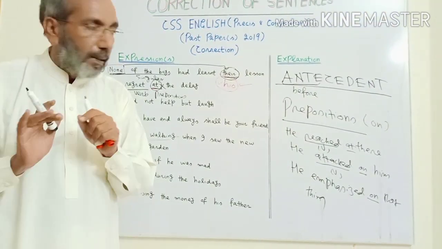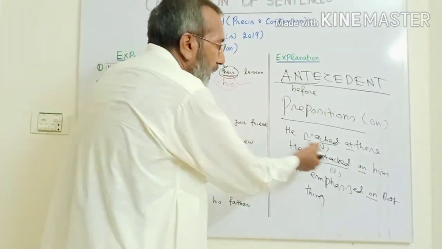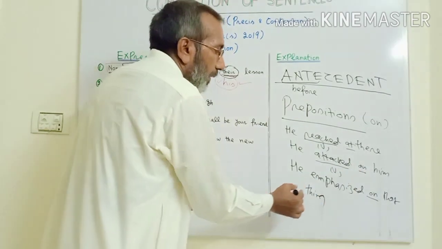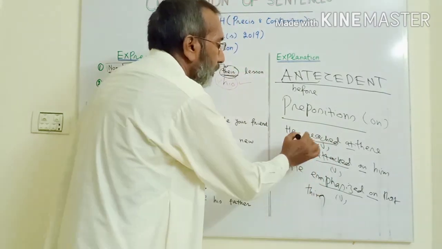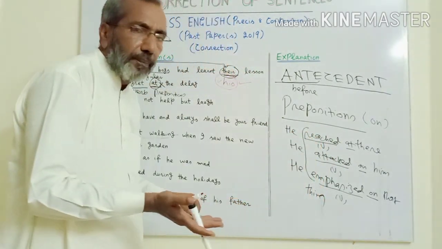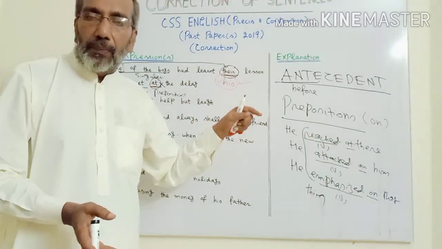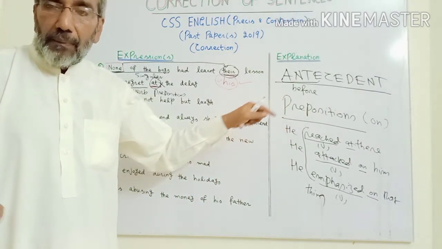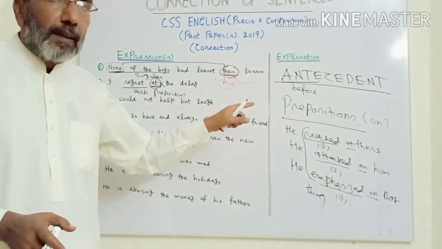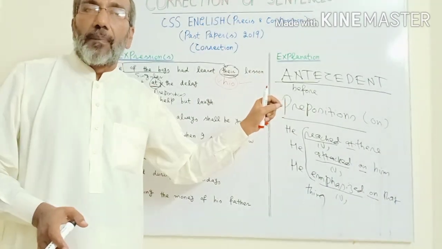In these examples, reach, attract, emphasize, all these words are being used as what? These are verbs. When we use these words as verbs, we are not supposed to use a preposition after them.